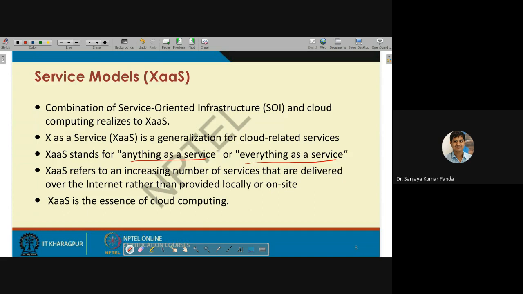So in order to generalize the type of services provided by cloud, we call this XaaS. It refers to the increasing number of services that are delivered over the internet rather than provided locally on site. So through the internet, you can provide any kind of services. You can increase the number of services and resources in this particular service model. And XaaS is the essence of cloud computing.